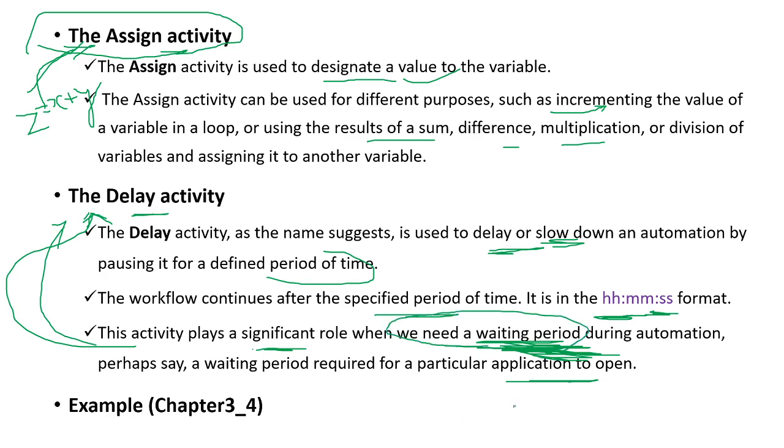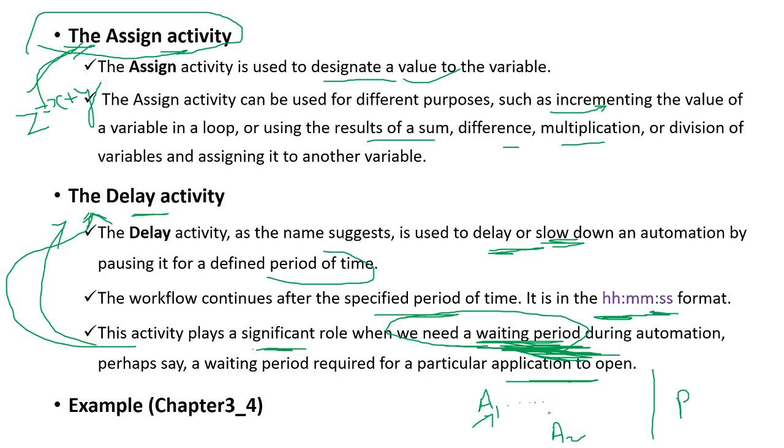Let us say I am trying to automate a process P which needs application A1 to be opened, and application A2 also has to be opened to complete process P. A1 will be opened first, and after A1 has been opened, it has to open application A2.